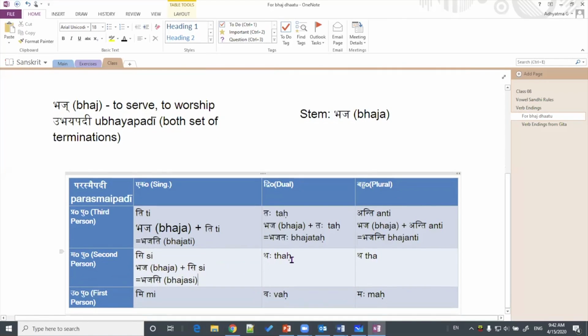Here there are no complications. Same thing in bhajatha.